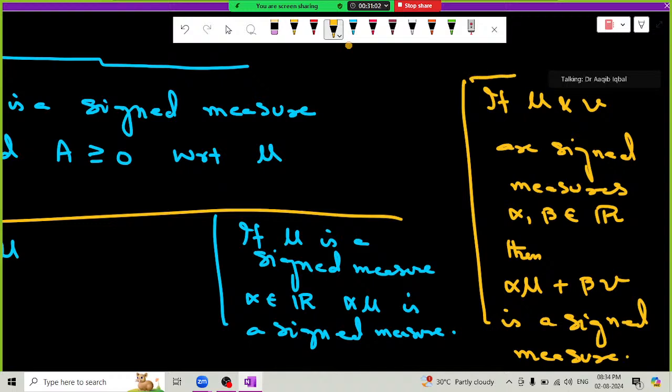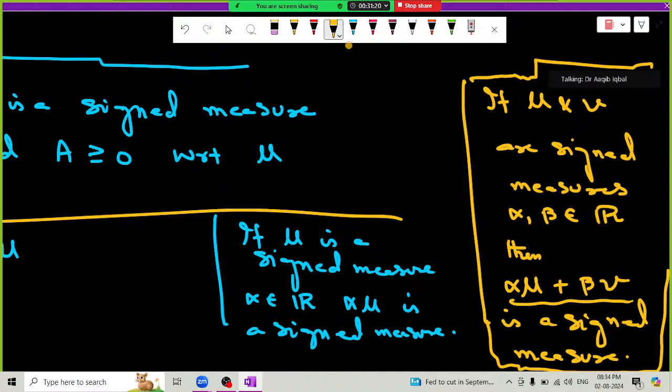And this straight away follows from the definition. इसमें आपको कुछ करना ही नहीं है. This directly follows from the definition of a signed measure, that basically a linear combination of signed measures is a signed measure. ठीक है.